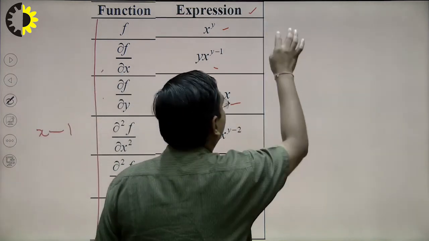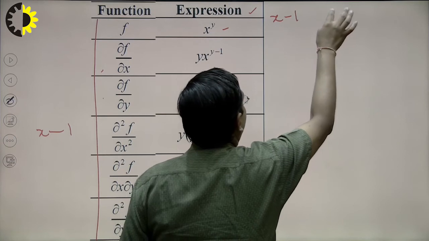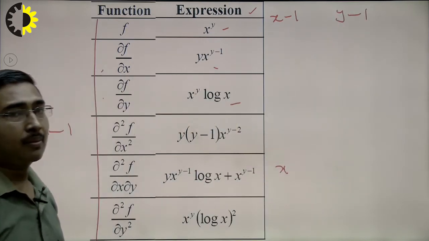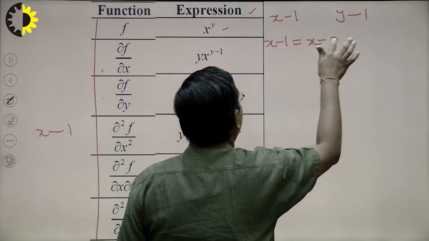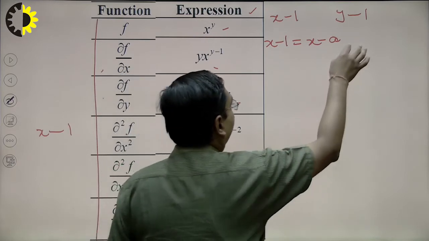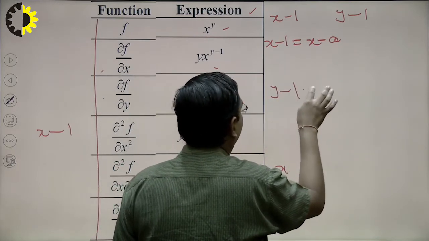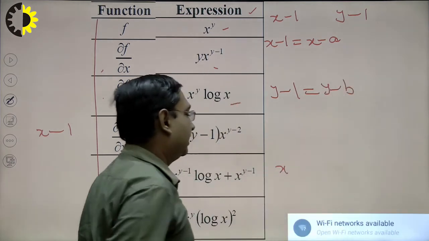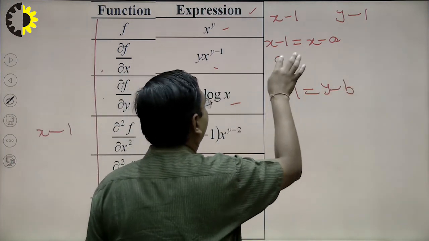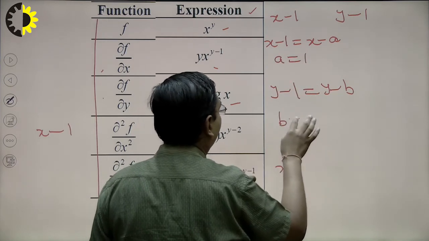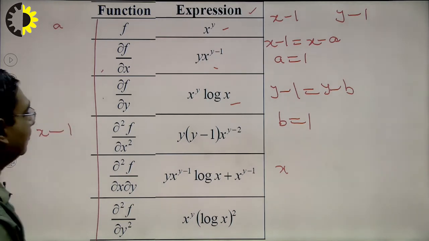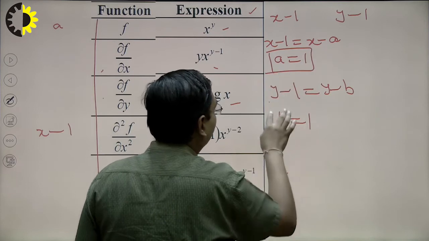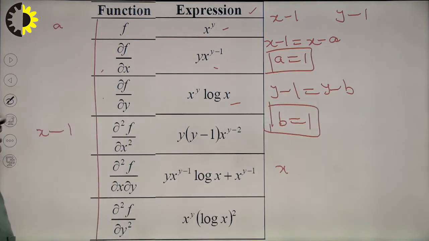Comparing this x minus 1 with x minus a and y minus 1 with y minus b, I get a equal to 1, b equal to 1. These two values will be substituted here in place of x and y.